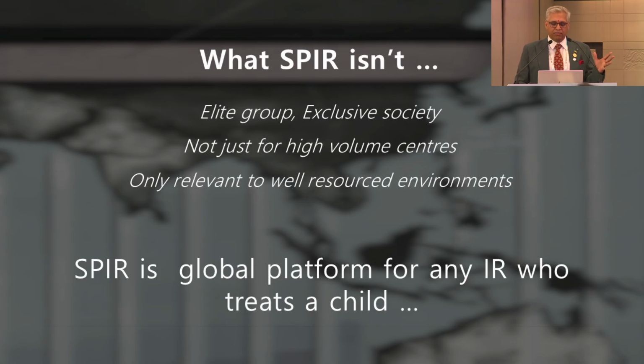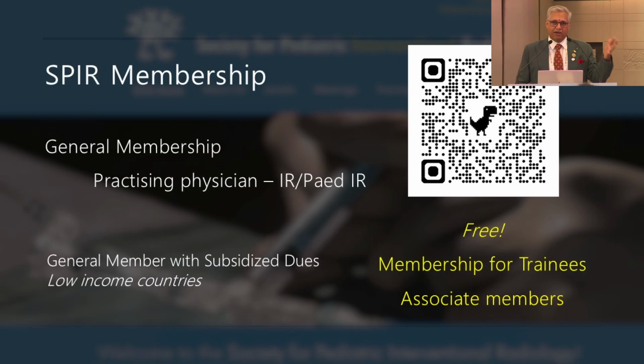What the society membership gives you access to is real-world expertise. People facing similar challenges around the world, who have perhaps had a bit more experience, perhaps have experience in building services, can provide guidance and support.